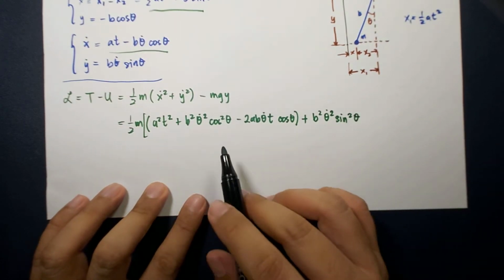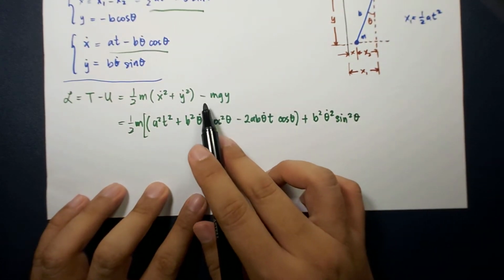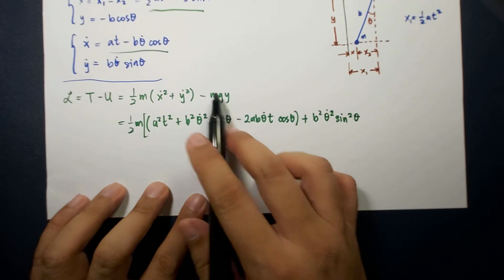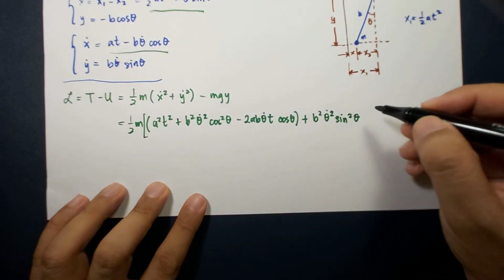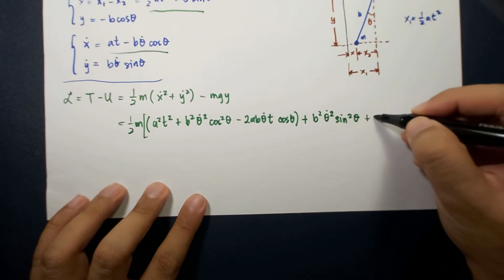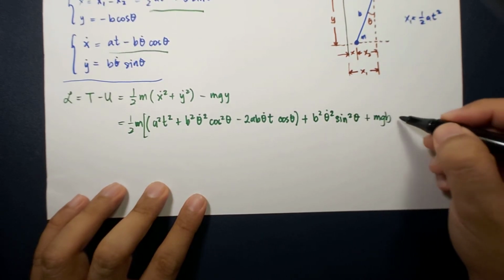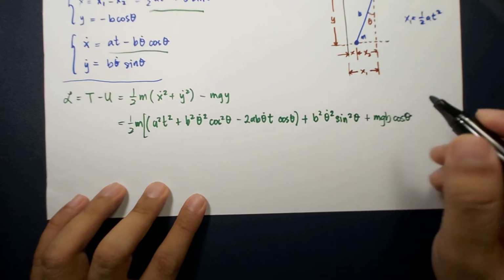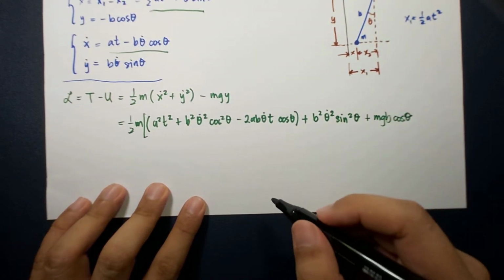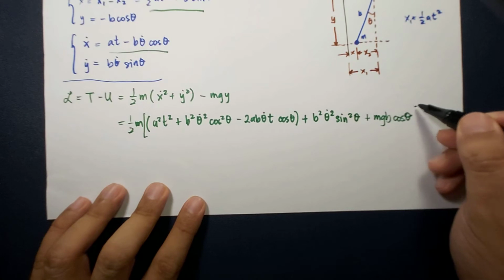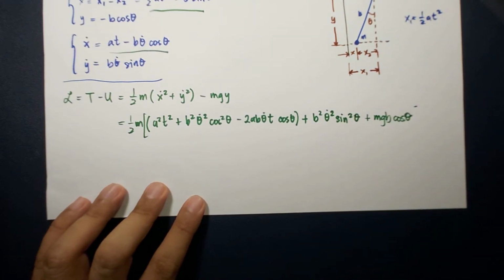Then mgy, where y is negative b cosine theta, so this is plus mgb cosine theta.